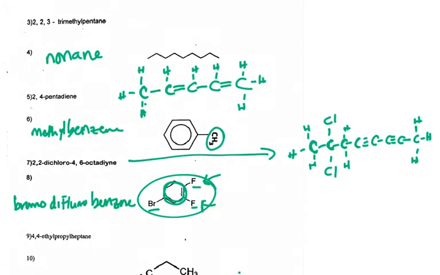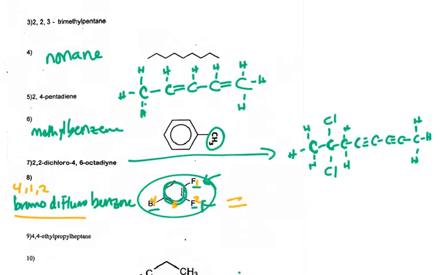And then I have to tell you which carbons they're on, so I just want to give them the smallest numbers possible. If I number them this direction, like 1, 2, and then this is the 3rd carbon, and then 4, so 1, 2, 4. And then I want to put them in the order that I listed them in the name. So 4, and then 1, and then 2.